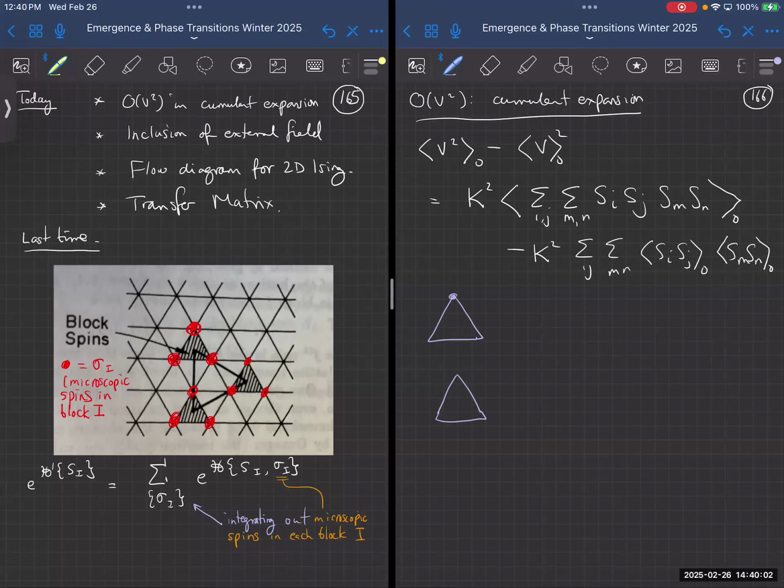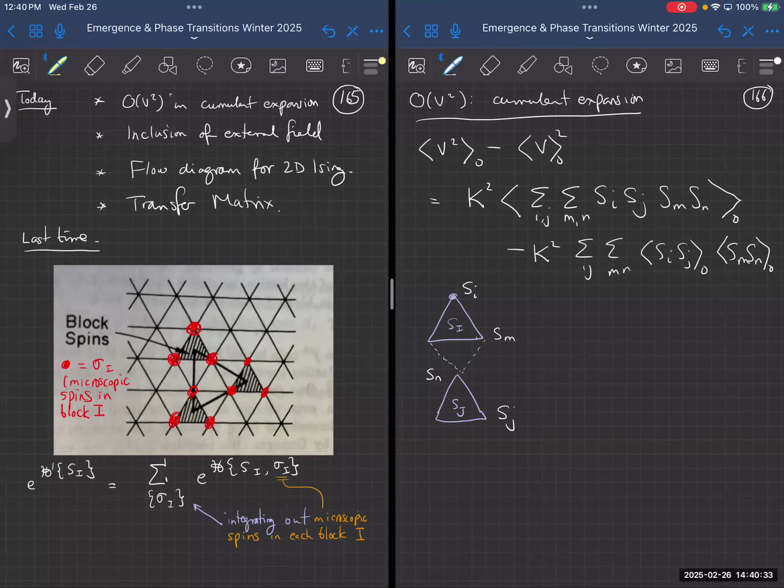So this is the block spin Sj, this is the block spin Si, and then there are interactions between, since on the microscopic lattice, nearest neighbors are interacting, so I'm drawing in those. And the geometry here is that this might be, say, the spin Si, this might be the spin Sm, this might be the spin Sn, and this might be the spin Sj.